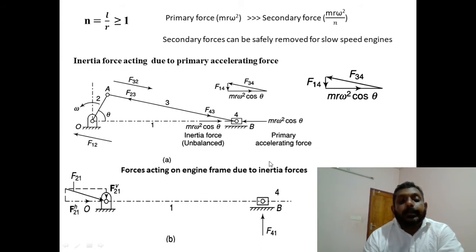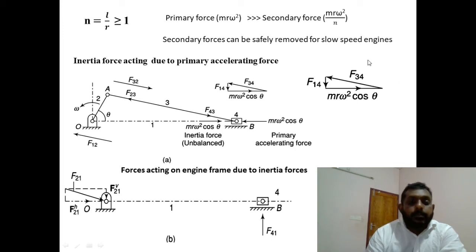In this case, the forces acting on the slider are all in a complete balanced state, because mr omega square cos theta is equal in magnitude and direction to mr omega cos theta, and F43 and F14 are all in complete balance, so the force polygon is closed.